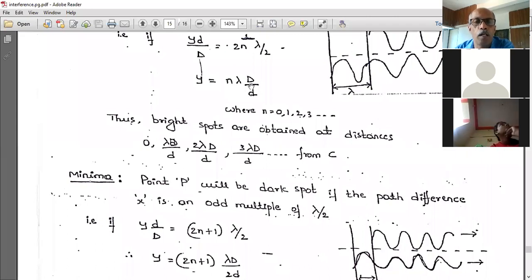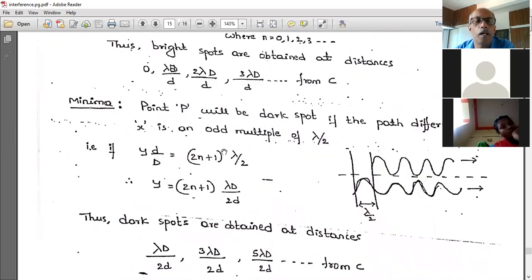If n is equal to 1, it will be 1 lambda D by d. If n is 2, then it is 2 lambda D by d. Therefore, at these distances from point C on the screen, the spots will be bright.